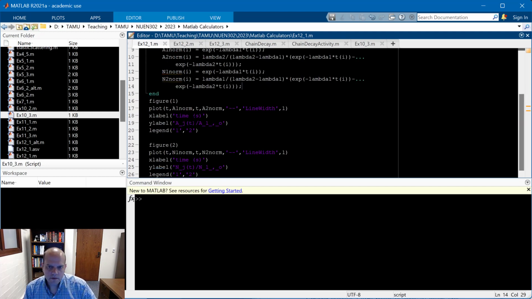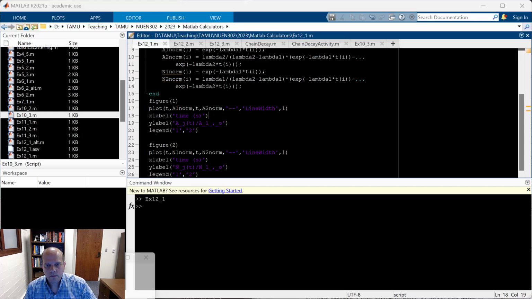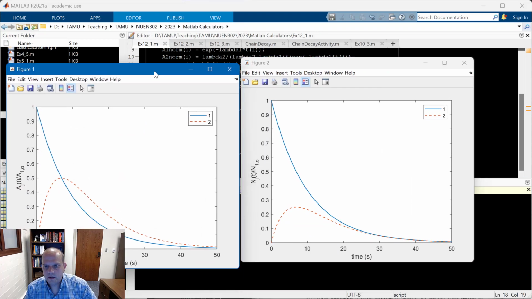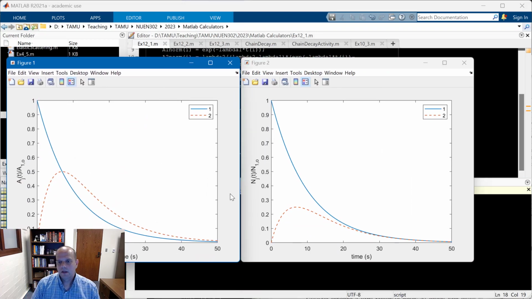Then we just plot the results, with time on the x-axis and the activities for isotope 1 and isotope 2, labeling the axes, etc. For figure 2, we look at the inventory. So this is the inventory, and this one is the activity.